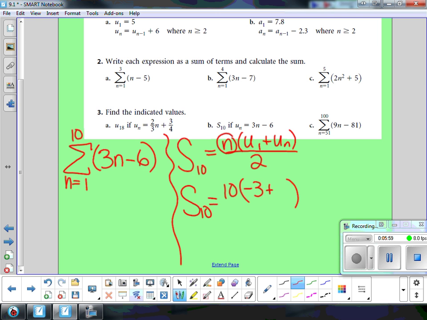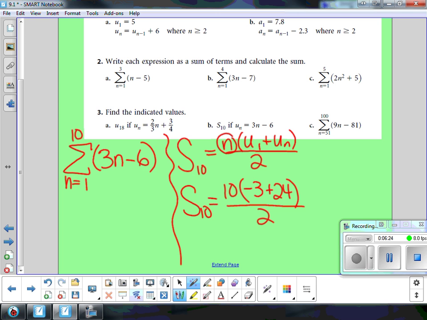What would I get if I plugged in 10? 24. And then you do the it's all over 2. Either of these methods should give you the correct answer, all right? And that correct answer is 105.